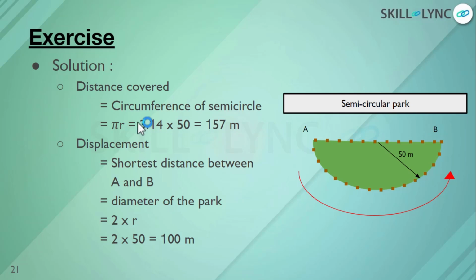The second thing that needs to be found out is displacement. What is displacement? Displacement is the shortest distance between A and B. So, as we can see in the park, from point A to point B, there is only one possible shortest distance, that is this straight line.